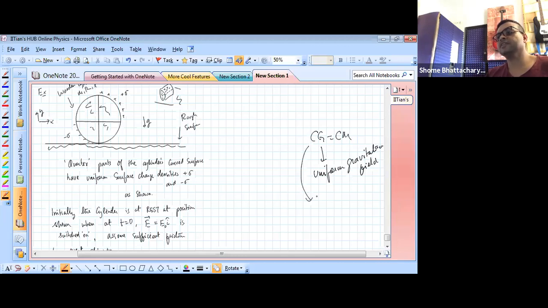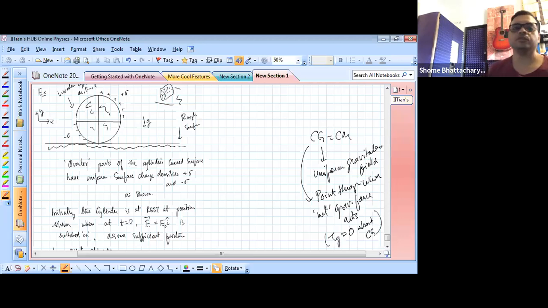And when that happens, we say center of gravity is the point through which the net gravitational force acts, or torque due to gravitational force is 0 about center of gravity. So now just replace the term gravitation with electrostatic over here, then you'll understand.